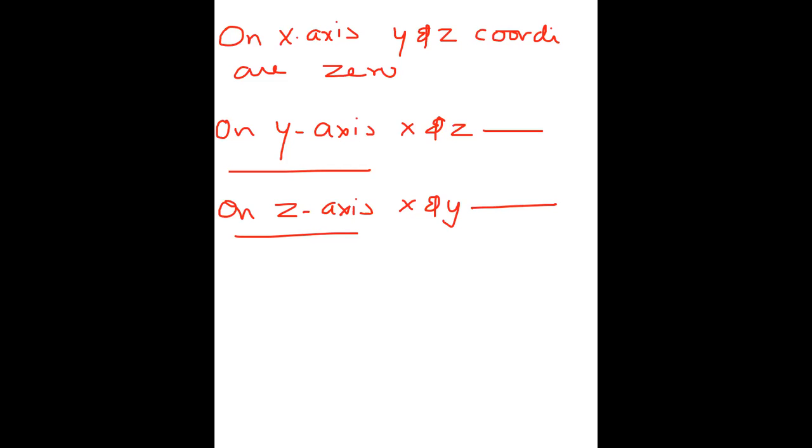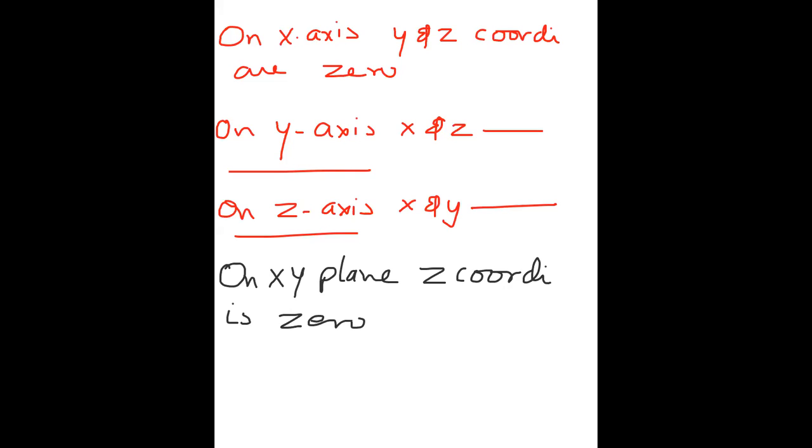In the same way, when we are talking about planes, on the xy plane, the z coordinate is 0. On the xy plane, the z coordinate will be 0.